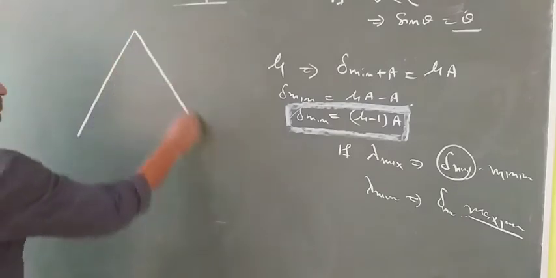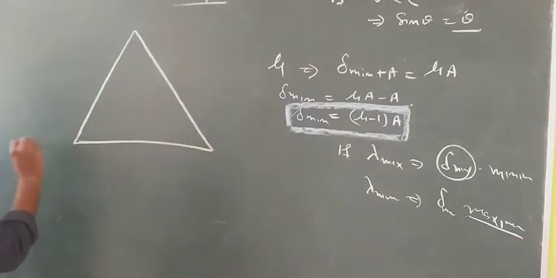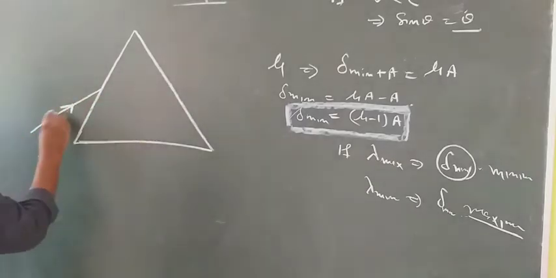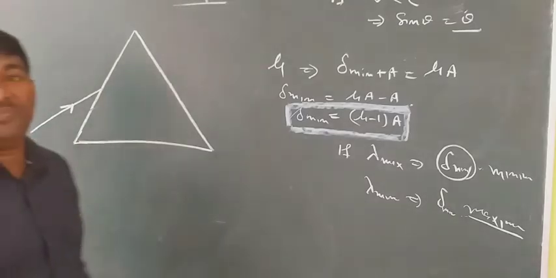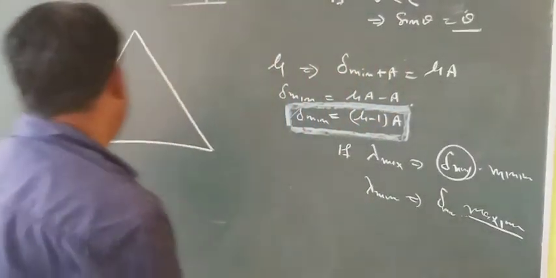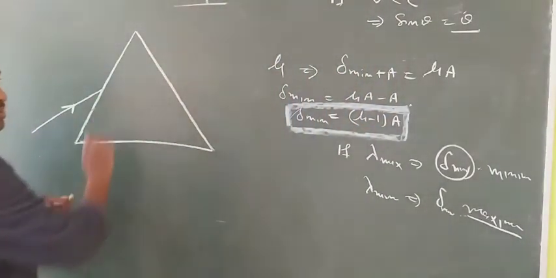when a light ray is incident on a prism, just see, when white light is incident on the prism, since white light has 7 colors, violet, indigo, okay, I am going to show you here.